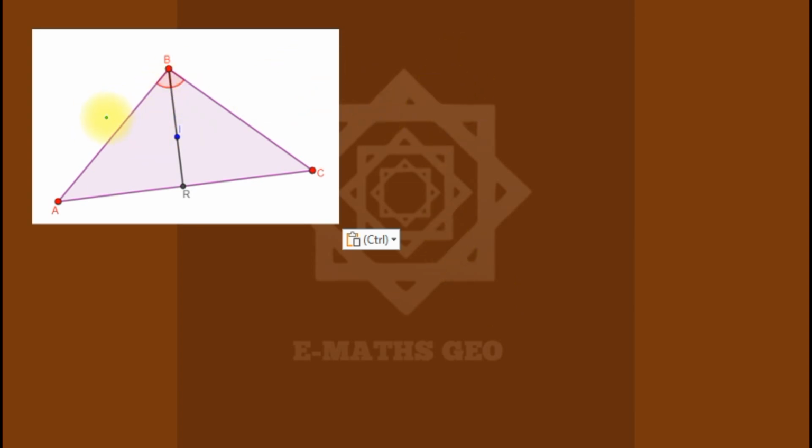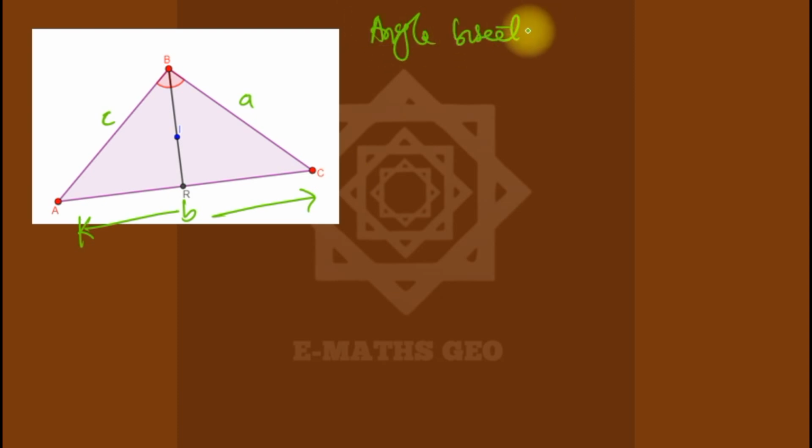If we call this length C, this length A, while this length B, then by the angle bisector theorem, we know that AB over BC is equal to AR over RC.